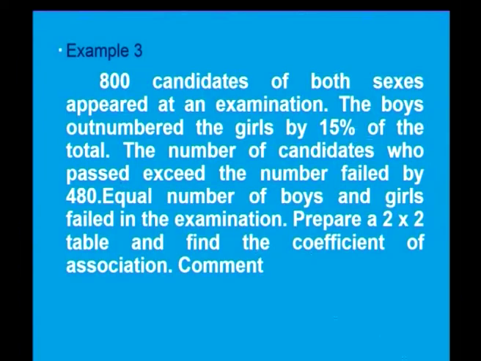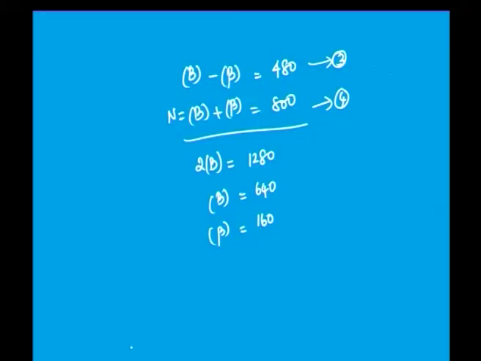One more piece of information is given in the question, that is, equal number of boys and girls failed in the examination. Failed candidates are represented by beta and that value is 160. So equal number of boys and girls means we have to take 50% of the 160, that is 80.